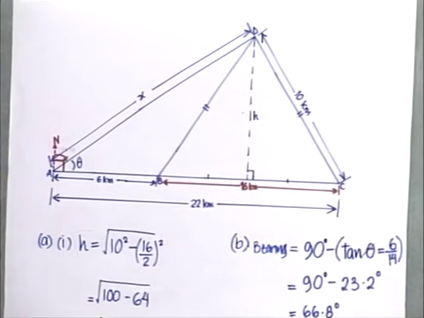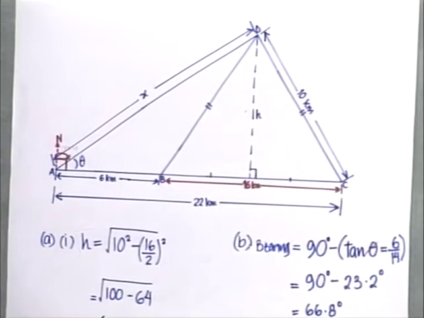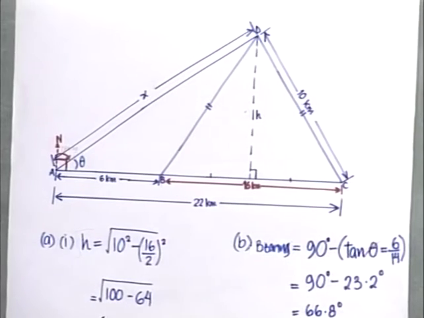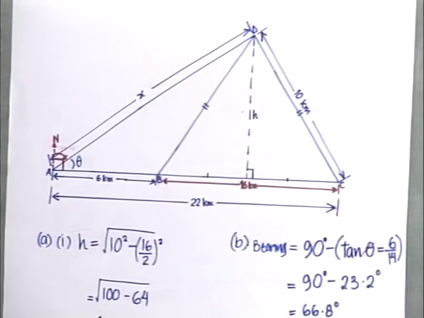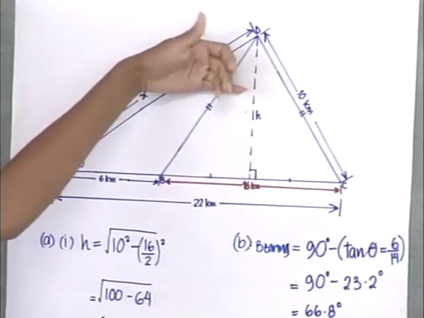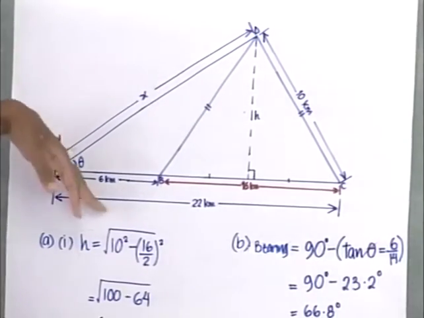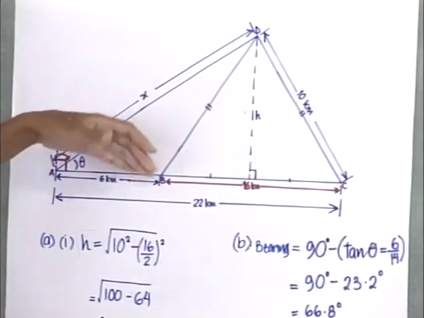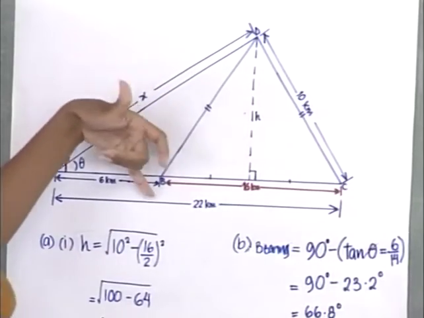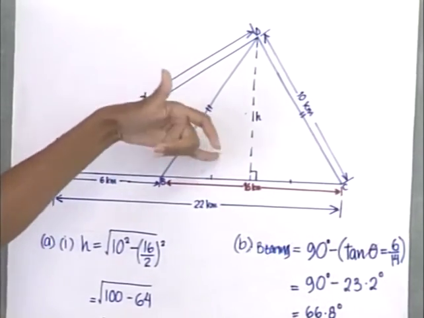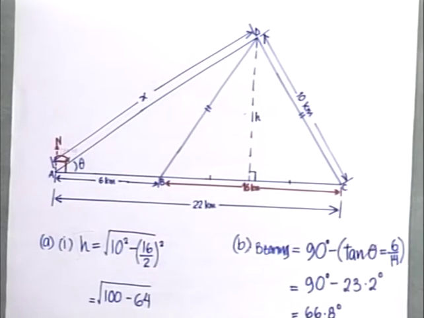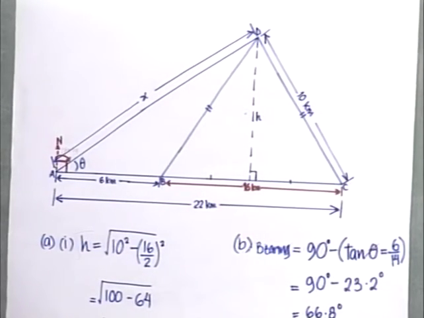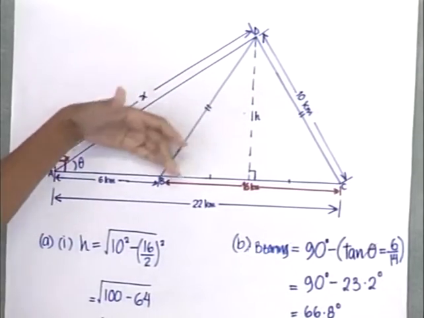So h is equal to, we use Pythagoras theorem to find the perpendicular height. h is the square root of 10 squared, which is BD, minus 16 on 2 squared, which is 8. So 100 minus 64 is equal to 36. The square root of 36 is equal to 6 kilometers. So the height is 6 kilometers.